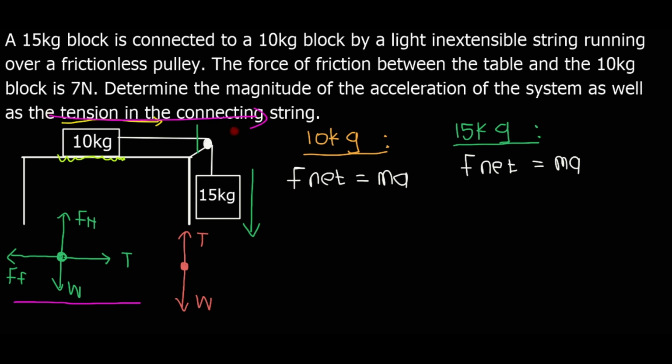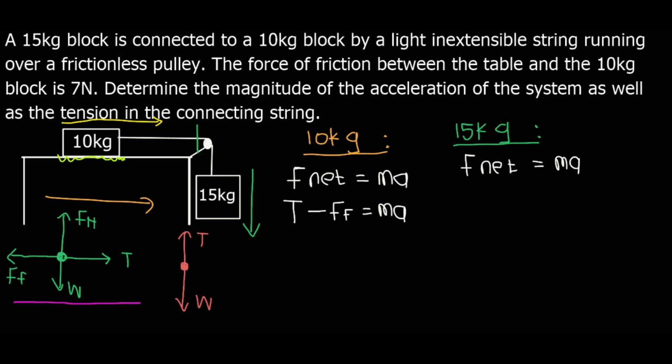So the forces that are parallel to the direction of motion are tension and friction. And because this object moves in this direction, tension is positive because it's in the direction of motion. So T is positive, and then friction is negative.